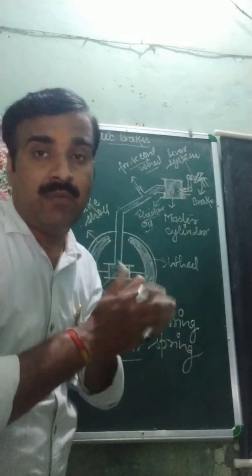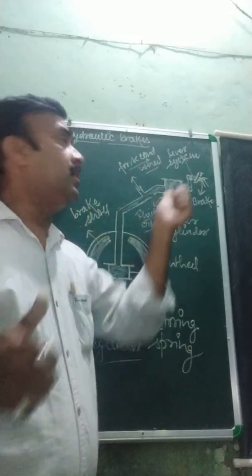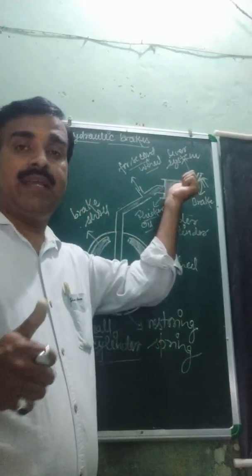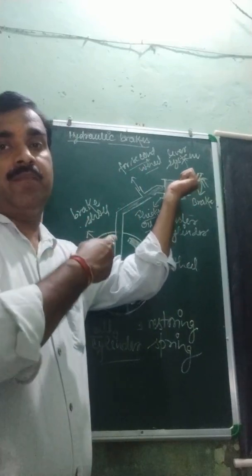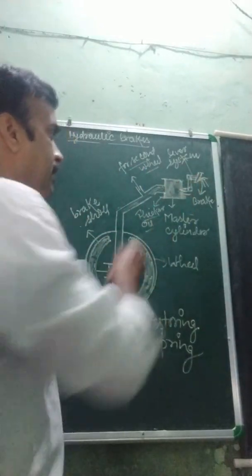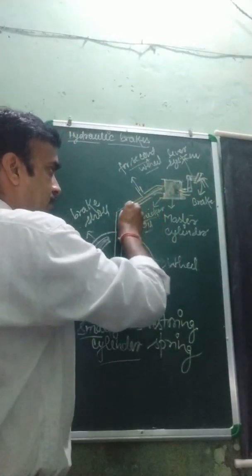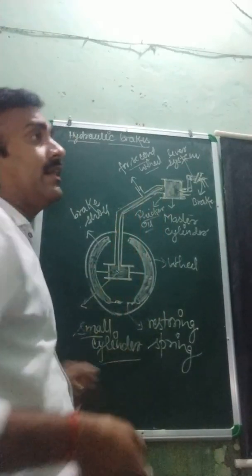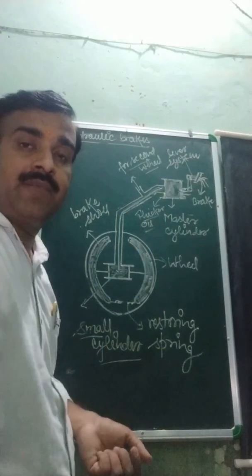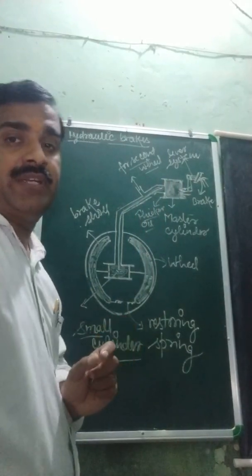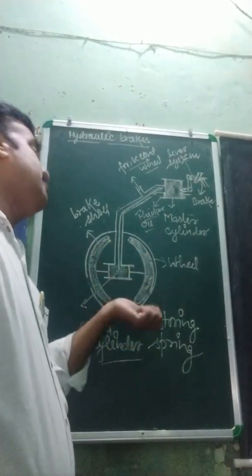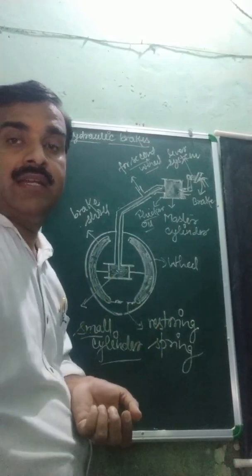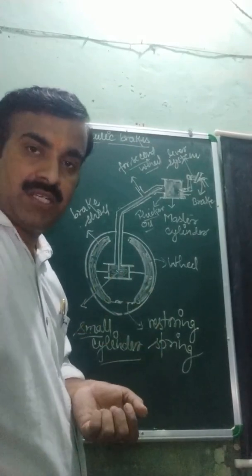Once it moves inside, the thicker oil present in the master cylinder will move in the downward direction. By Pascal's law you already know that whenever pressure is applied to any part of the boundary of a confined liquid, it is equally transmitted in all directions.